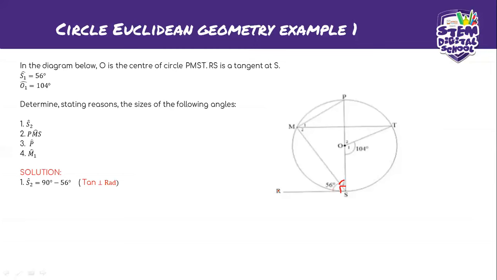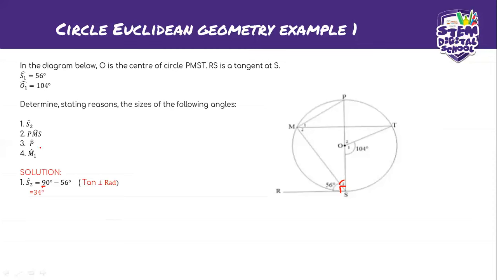So we're going to say the whole angle, which is 90 there, is 90 minus 56. Then we have to state the reason. Why are you saying that angle is 90 there? The reason is tangent perpendicular to radius. Then our answer is equal to 34 degrees. So we've just determined angle S2, right?